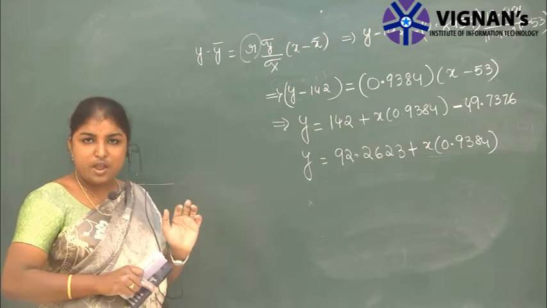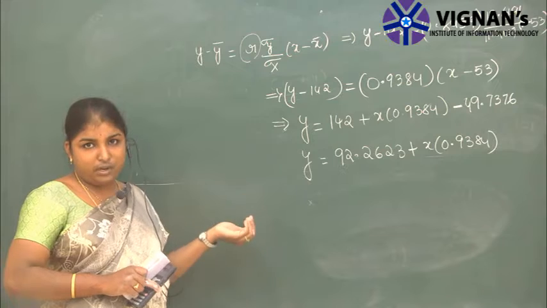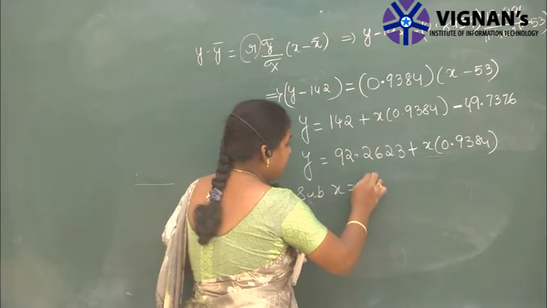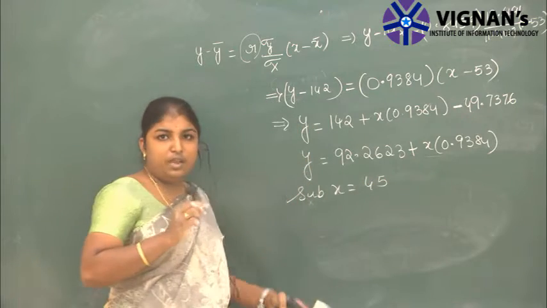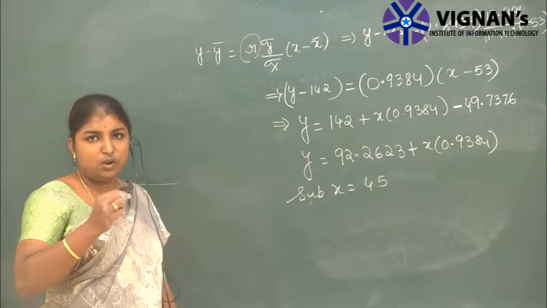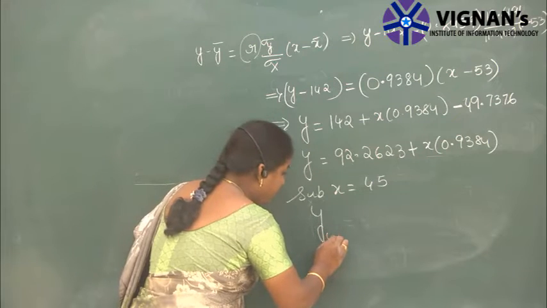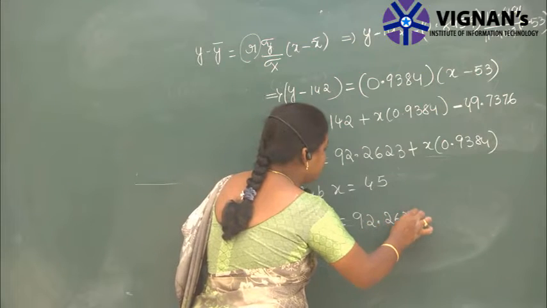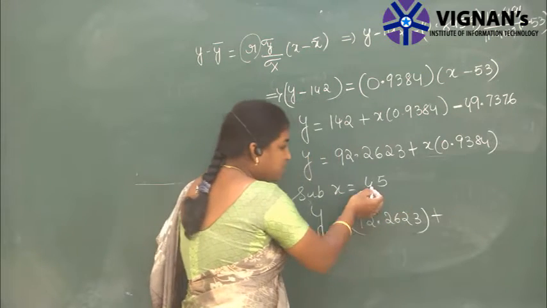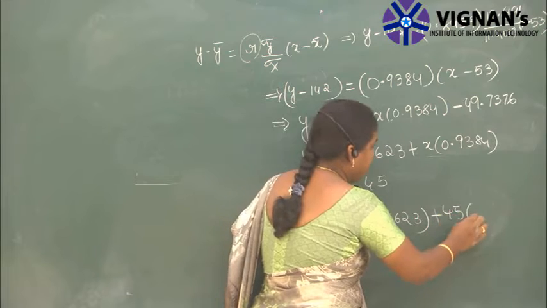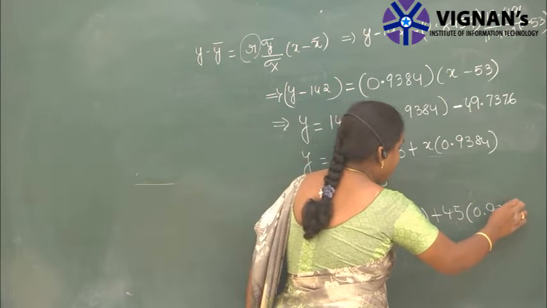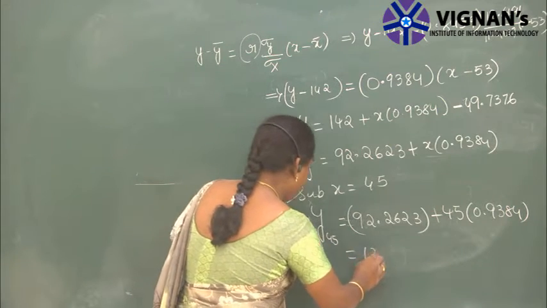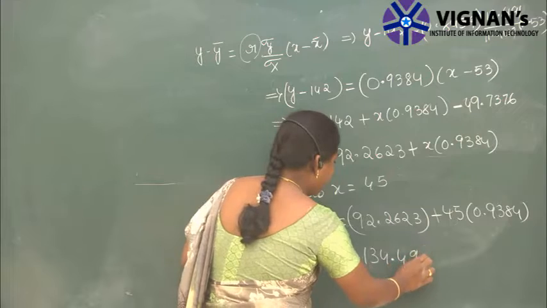Now we want to find the blood pressure at the age of 45. That means in this equation we substitute x equal to 45. So y at 45 is equal to 92.2623 plus 0.9384 into 45, which we simplify to 134.4903.